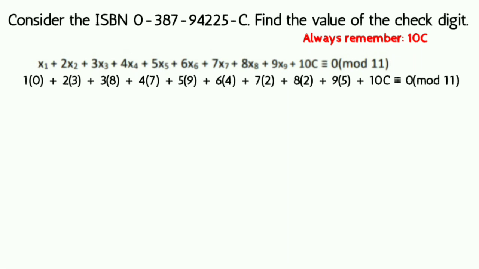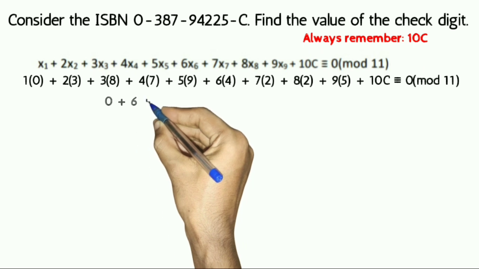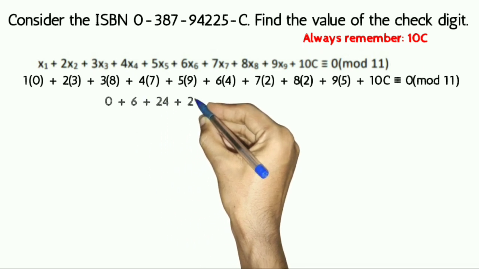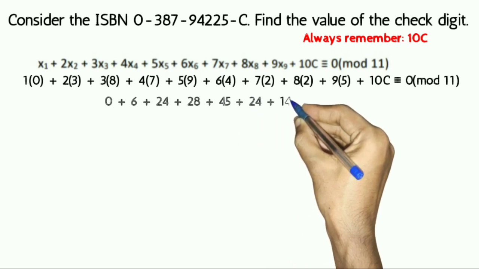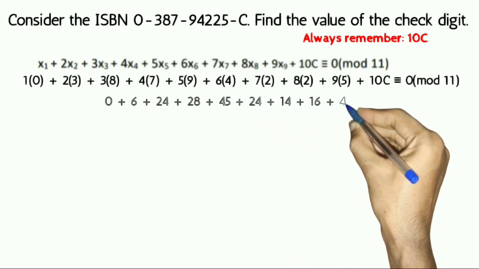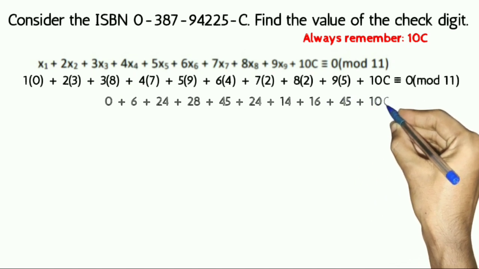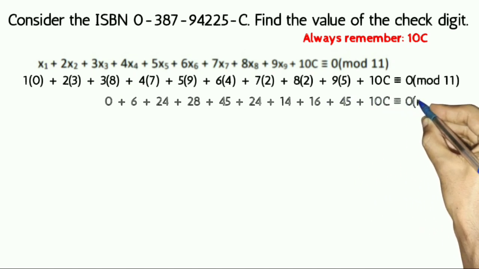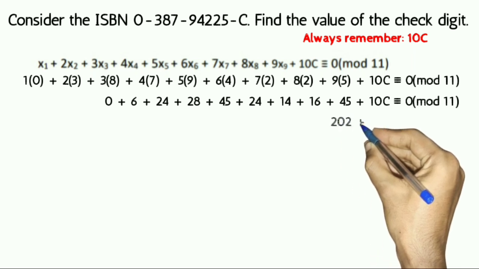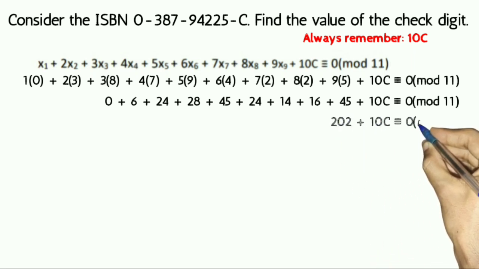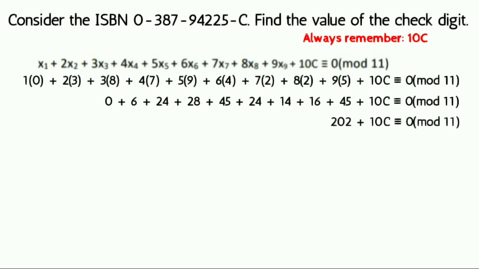That will become 0 plus 6 plus 24 plus 28 plus 45 plus 24 plus 14 plus 16 plus 45 plus 10c is congruent to 0 mod 11. By adding all the numbers, we will have 202 plus 10c is congruent to 0 mod 11.